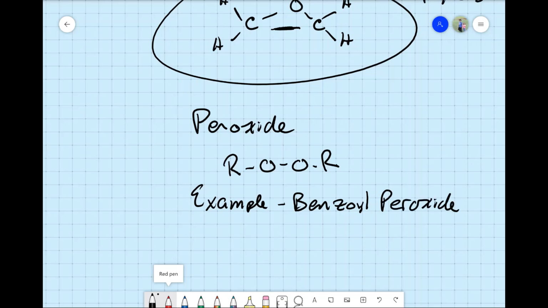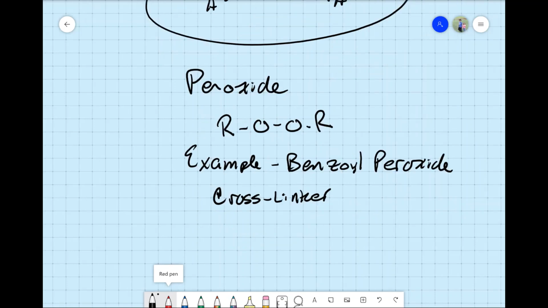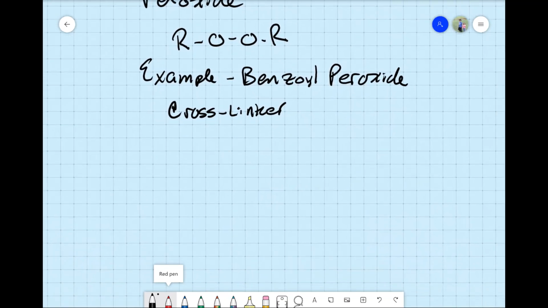And benzoyl peroxide, I bring that up because it's an important cross-linker. And when we talk about polymerization and polymer structure and polymer processes, this terminology becomes almost secondhand. But it has an interesting chemistry, a lot of carbons.